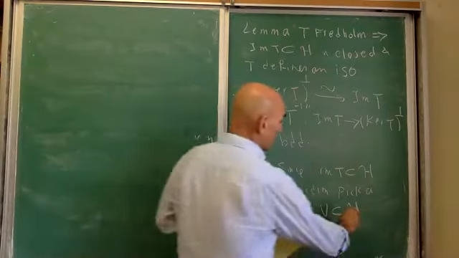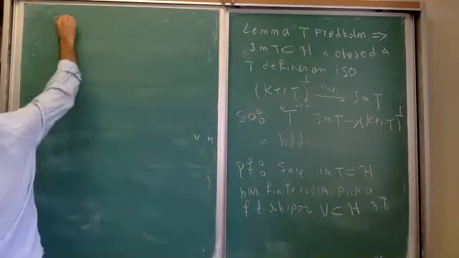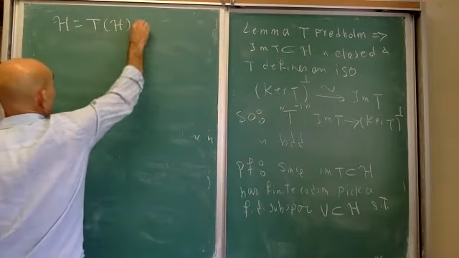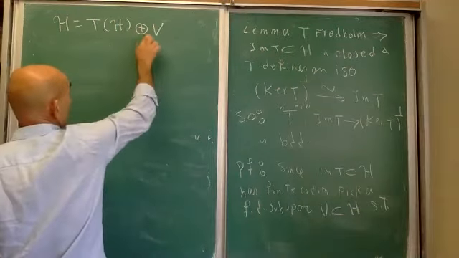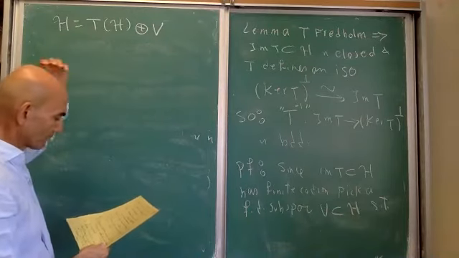Such that H is equal to T of H direct sum V. This direct sum, as I said, is not an orthogonal direct sum, it's just an algebraic direct sum, right?